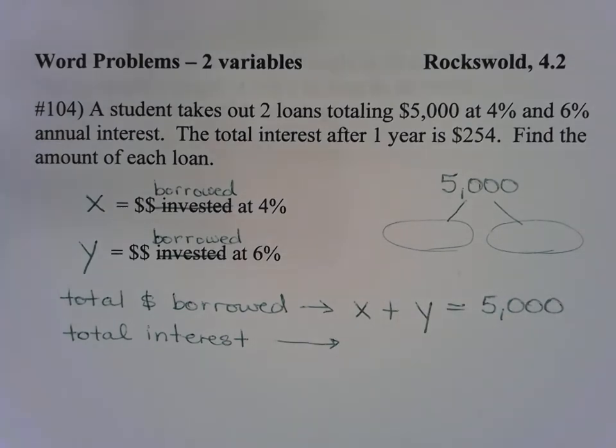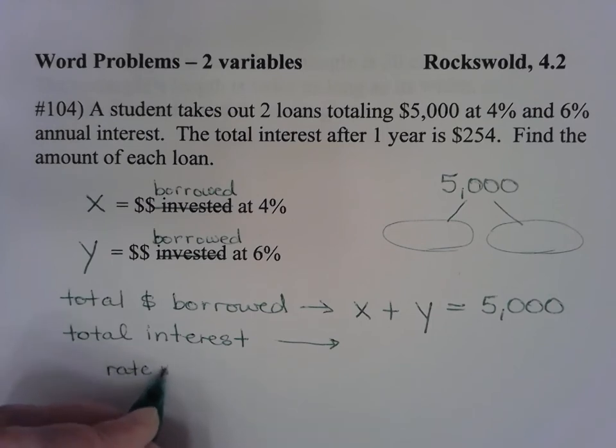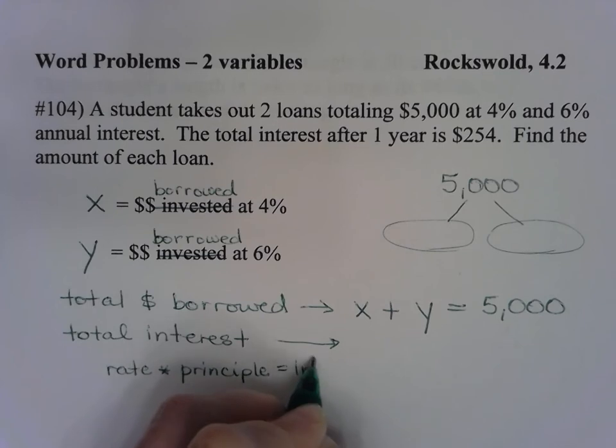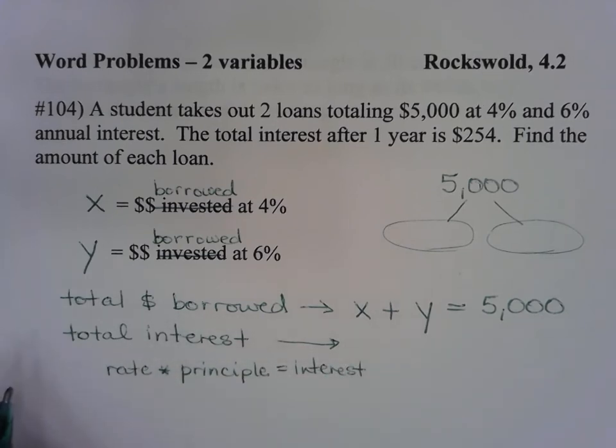Okay, then we need to factor in all the percentages and calculate the interest. Let me just pencil in under here. Remember, the formula that we're using is the rate times what's called the principal, in this case how much we're borrowing, equals the interest, unfortunately, that we're going to have to pay back, right?